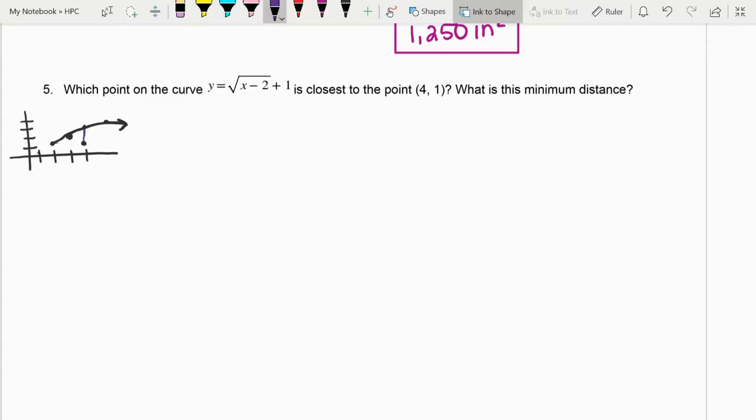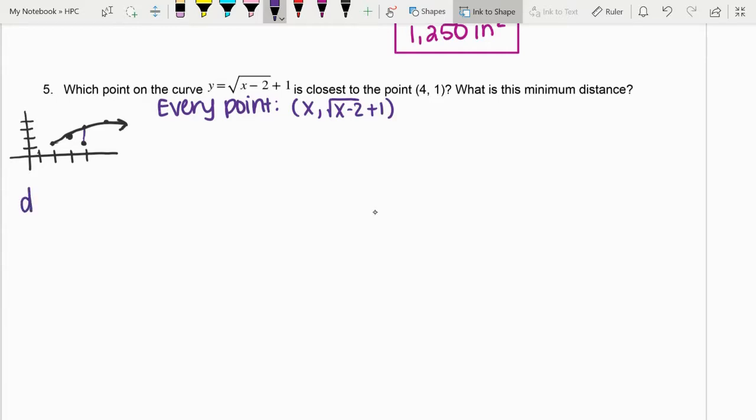Okay, so every point on this curve is going to have the coordinates x and then the square root of x minus 2 plus 1. Okay, so we are going to be using the distance formula.